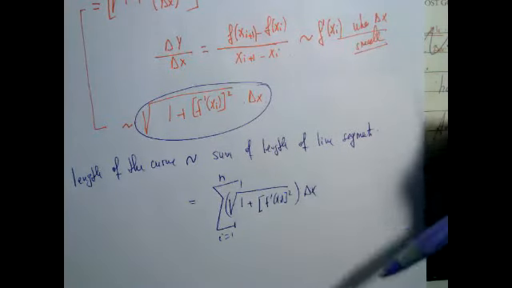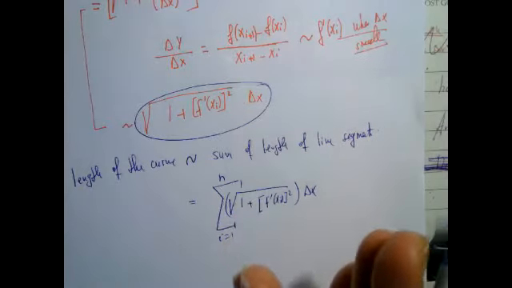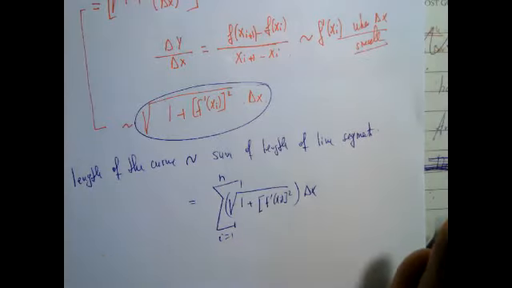Now, of course, when delta x becomes small, we have a much better approximation. The smaller the delta x, it means the more subdivisions, the better approximation we have.